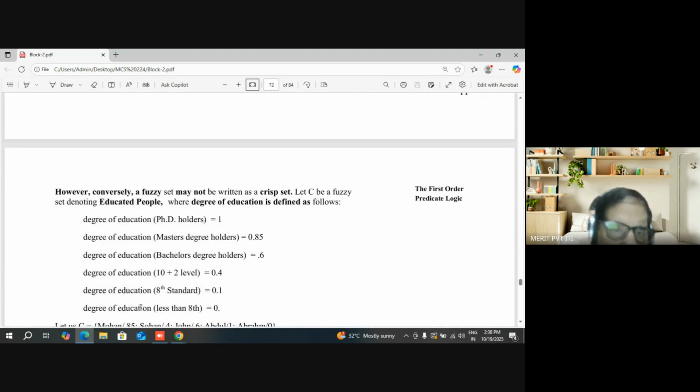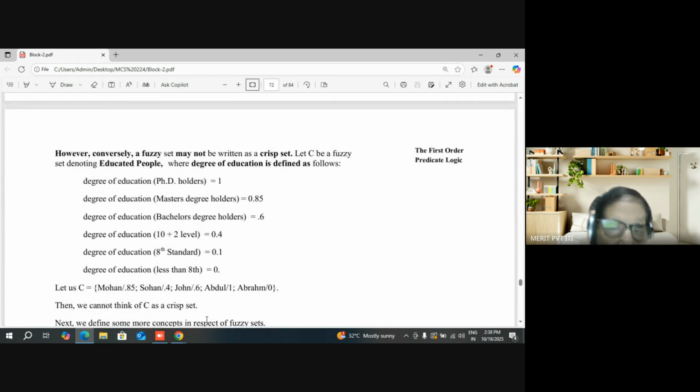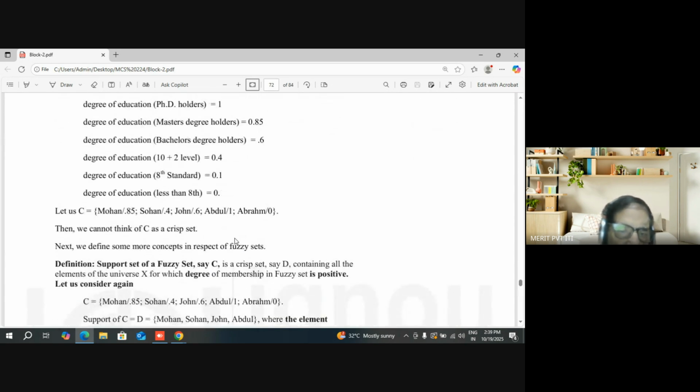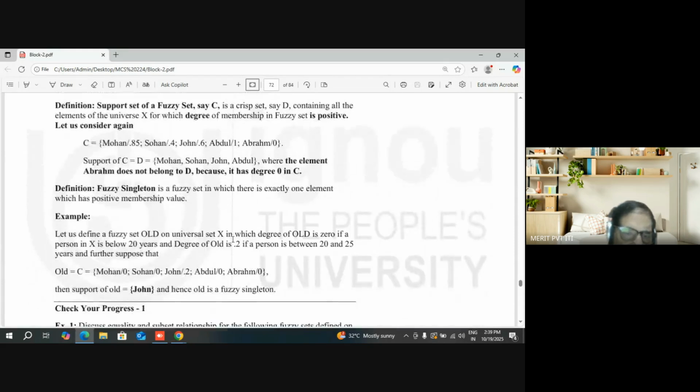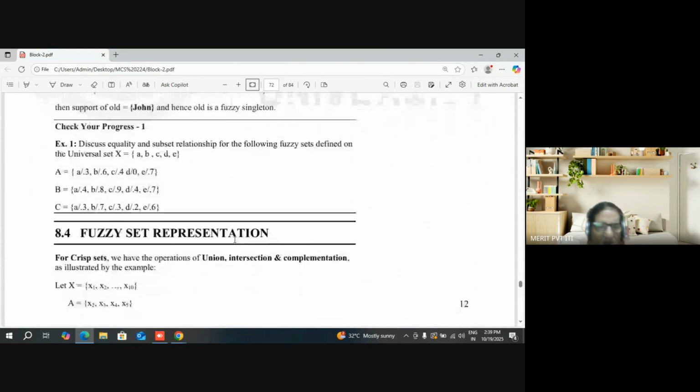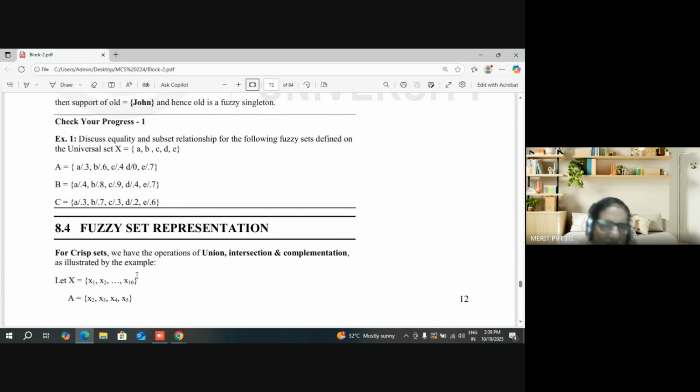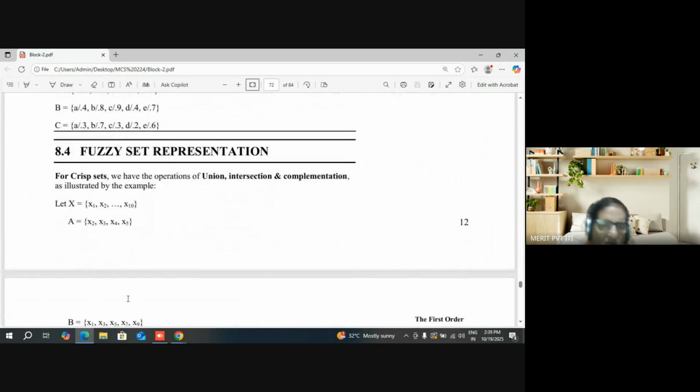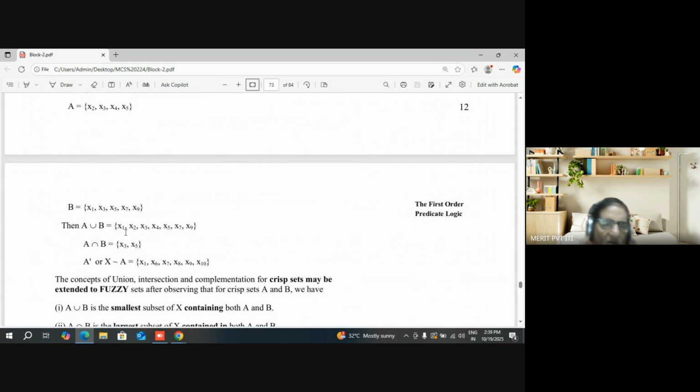So degree of education: PhD holder is 1, master degree is 0.85, bachelor degree 0.6 and so on. Again, the same way you can find subsets. For the set representation, let X be X1 and so on, A is this, and B is this.